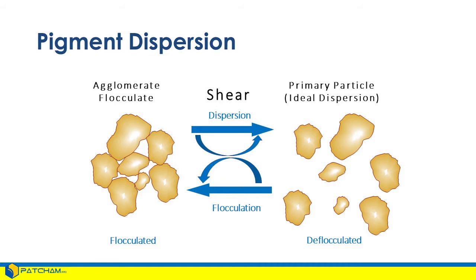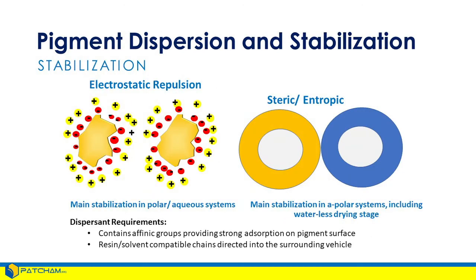The only difference between the pigment that we start with as an agglomerate and the flocculates that we might end up with after dispersion is that the interspaces between these particles, as an agglomerate, are air. As a flocculate, it's liquid medium. So after we achieve the dispersion, we have to prevent this flocculation. And this is where the dispersion stabilization comes in.